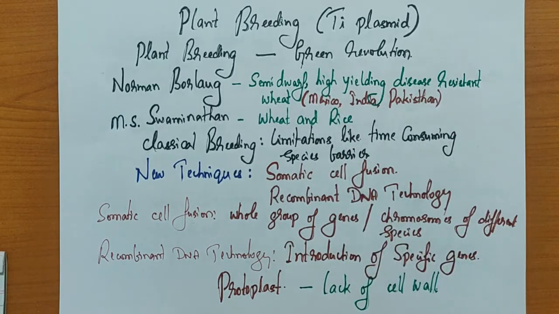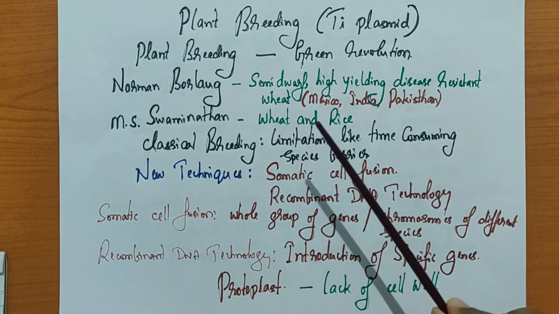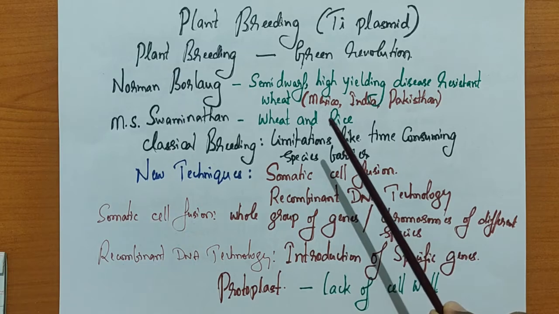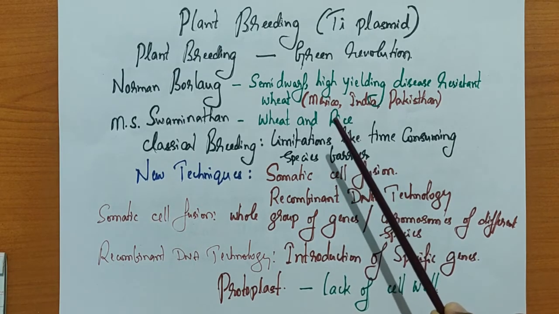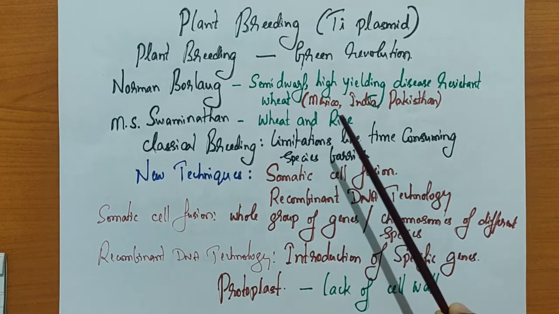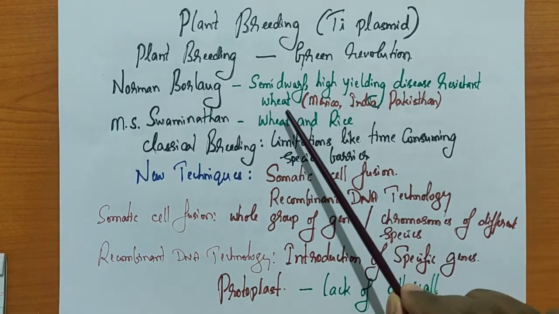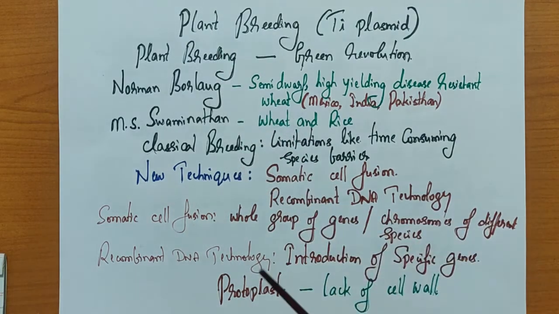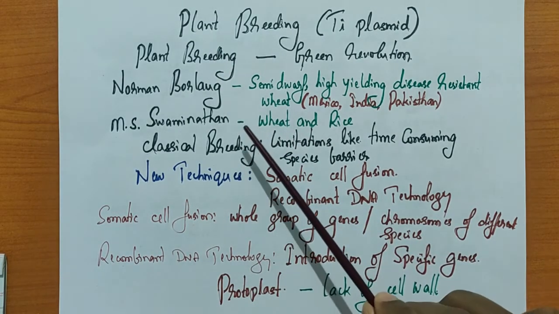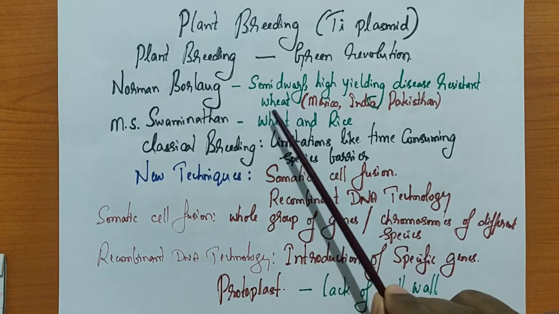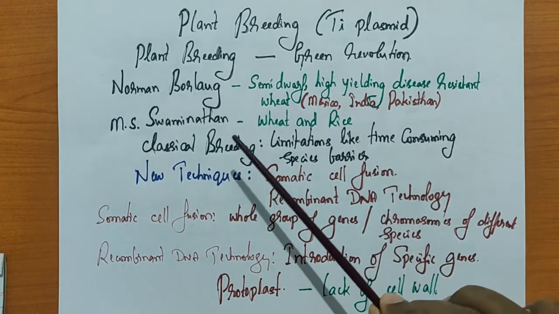Because of this Green Revolution, most of the countries are sufficient with food. They don't have to depend on any other countries for food. He developed this kind of wheat variety by the process of plant breeding, and he is also called the father of the Green Revolution.